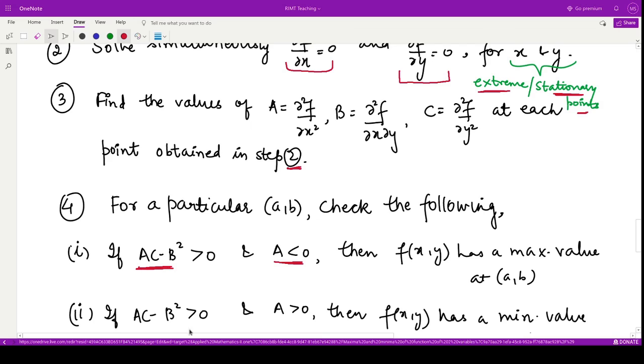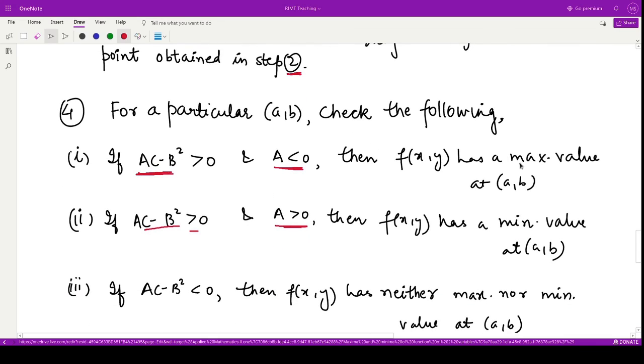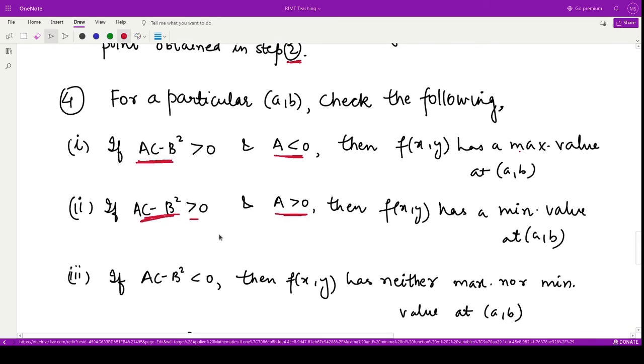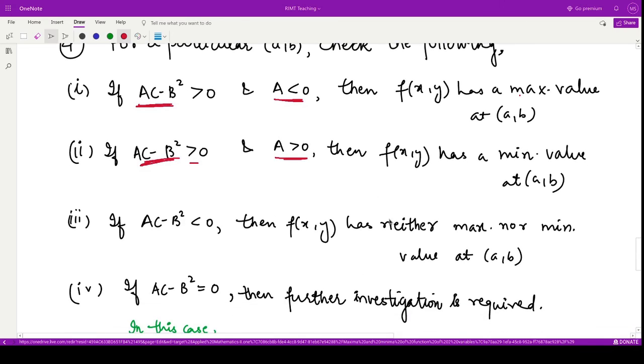If this quantity is positive but A is also positive, then you say we have a minimum value at the point (a, b). You could remember it like this: for a maximum value A should be negative, for a minimum value A should be positive, and this expression AC minus B square should always be positive. If it is negative, then we do not have a maximum or a minimum value at that particular point.